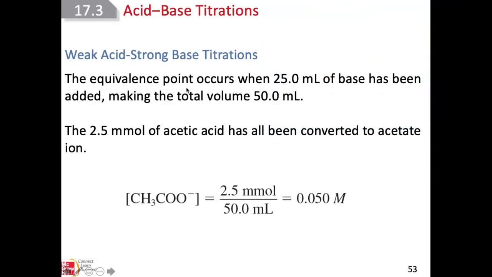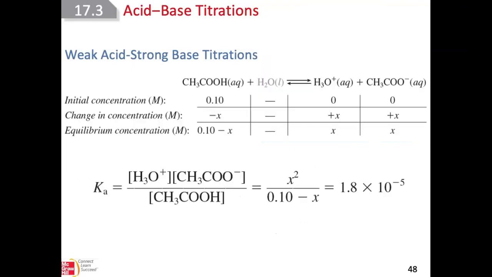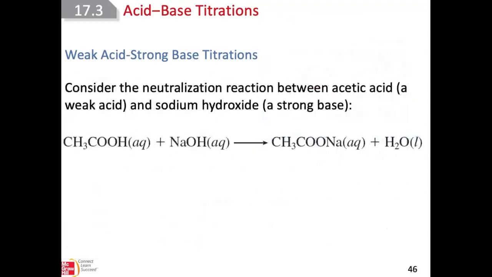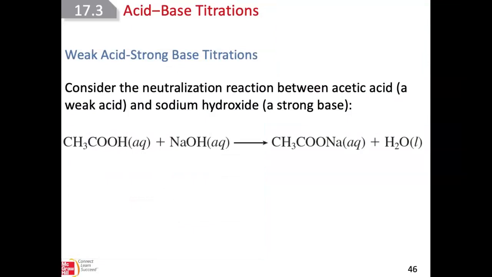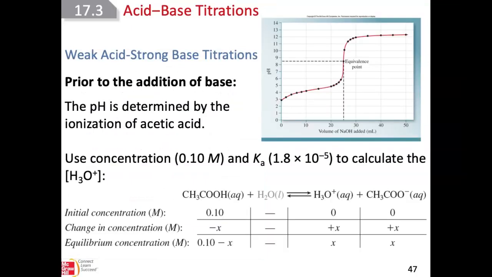So now the equivalence point is reached when we have added 25 ml. I do not believe they mention it over here, which is why I was trying to find this out. They failed to mention that the volume of the acid is 25 ml, because then you will wonder where we're getting those numbers.